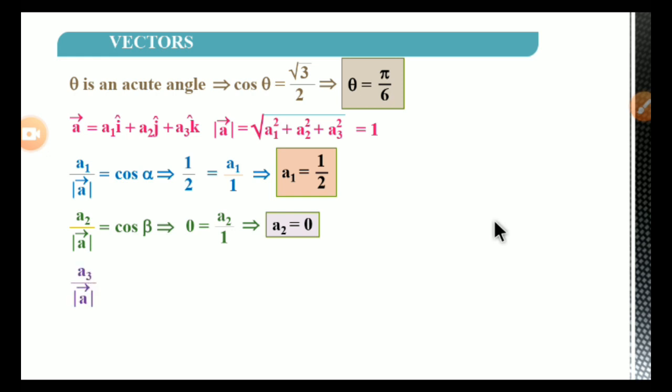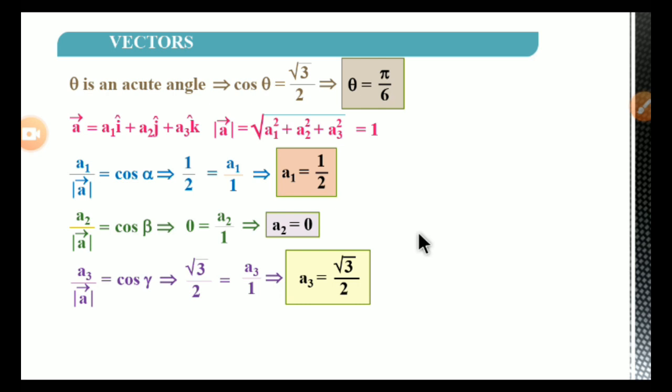Next one, A3 by magnitude of vector A, that will be equal to cos gamma. That implies root 3 by 2. This is the value of cos gamma. Therefore, root 3 by 2 is equal to A3 by magnitude of vector A, which is equal to 1.